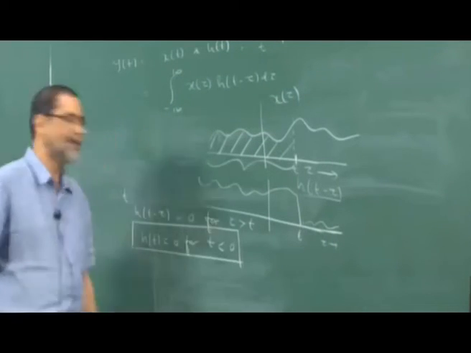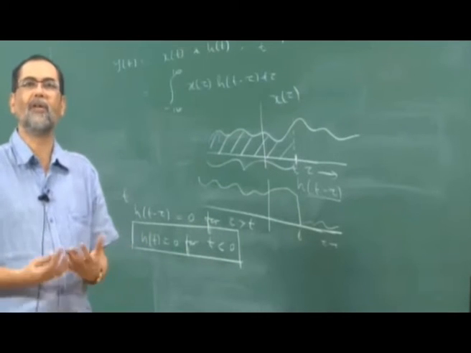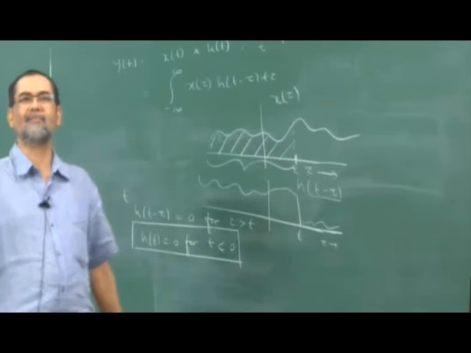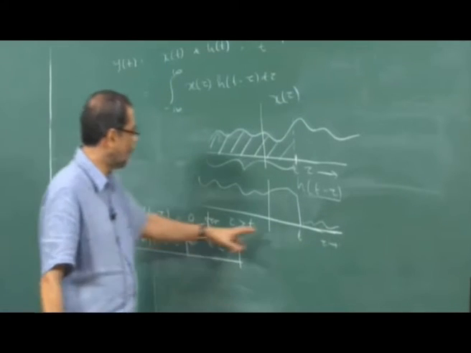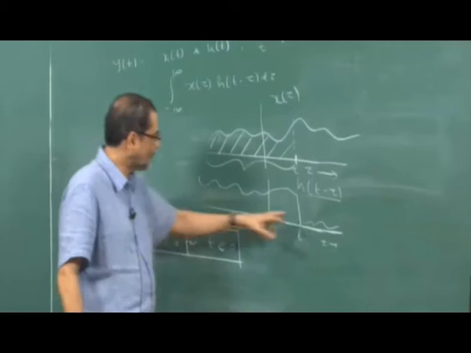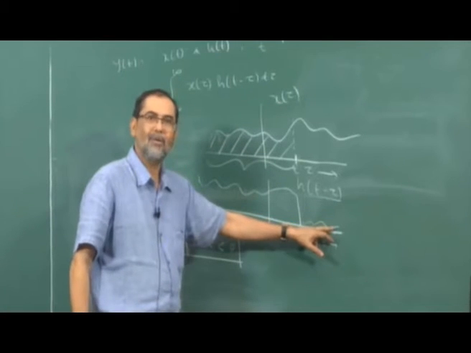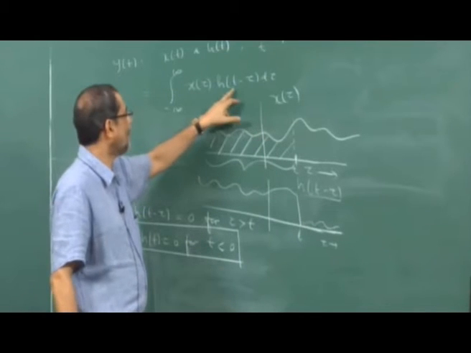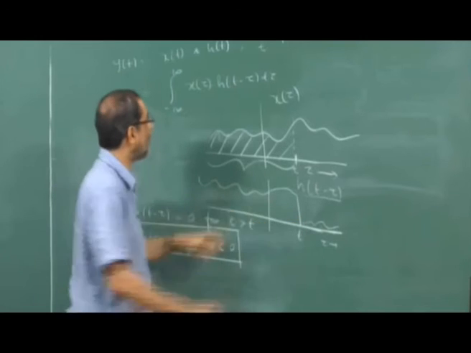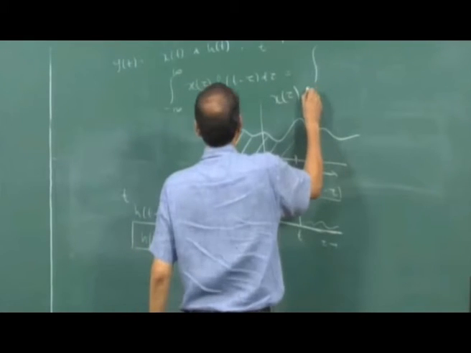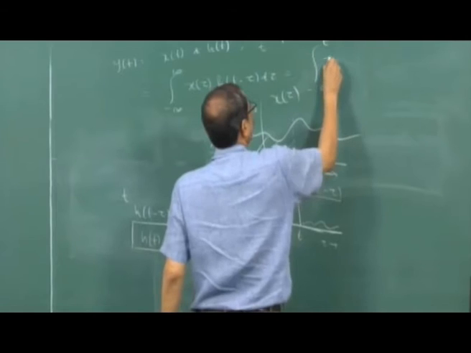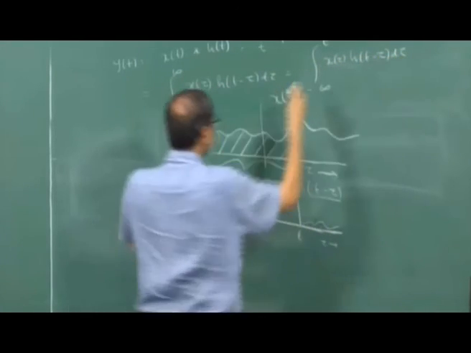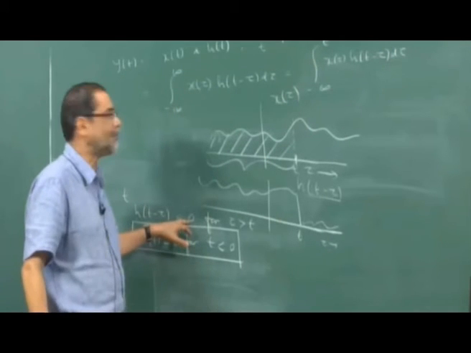If the impulse response is defined only for non-negative time, that's a causal system. Because if you make sure of that, then since h of t minus tau is 0 for tau greater than t, I will get the integral from minus infinity to t of x of tau h of t minus tau d tau, because beyond that it is equal to 0 by the requirement.